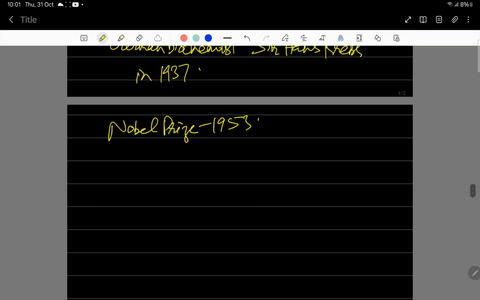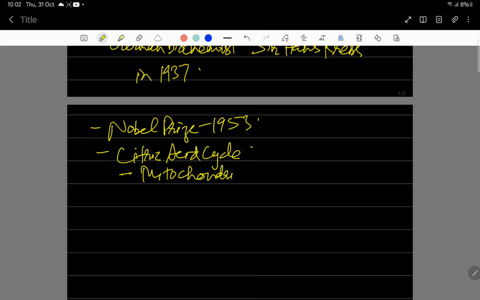Krebs cycle is also called the citric acid cycle after one of the participating compounds, and it takes place in the mitochondrial matrix.